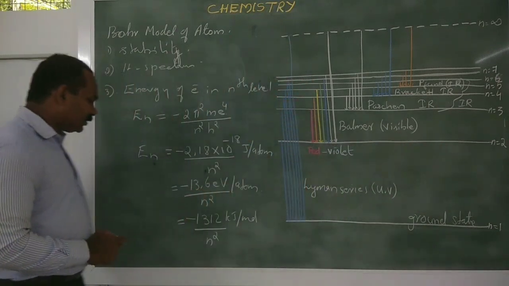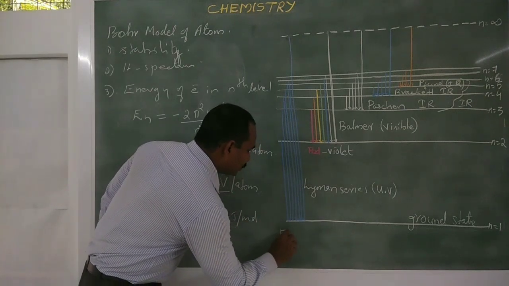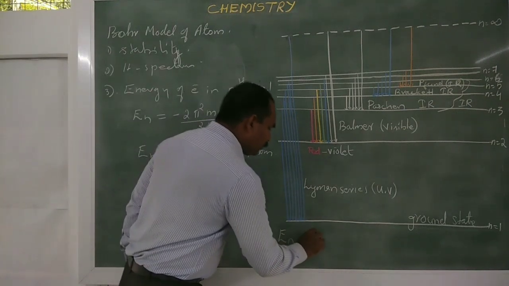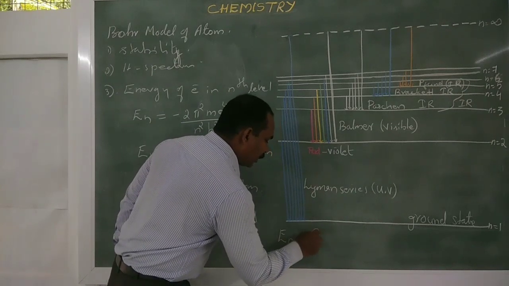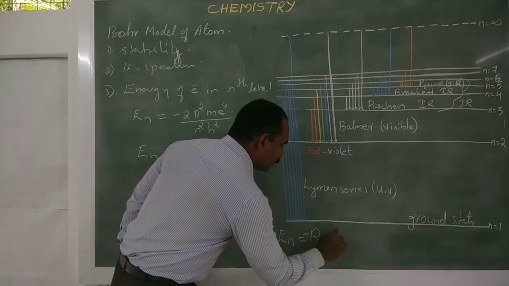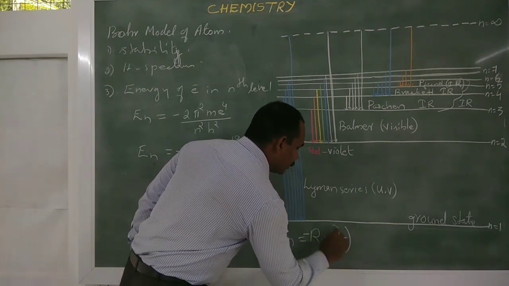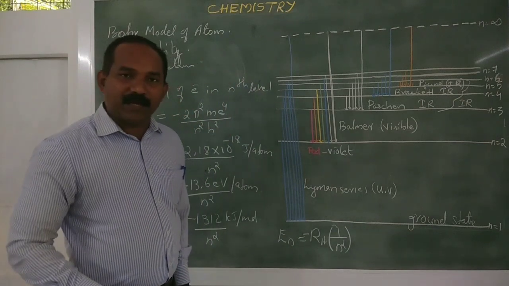In some cases, it is written like this: En is equal to minus RH times 1 divided by n square.